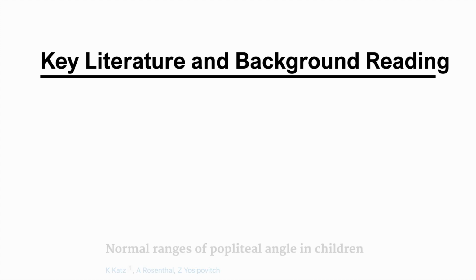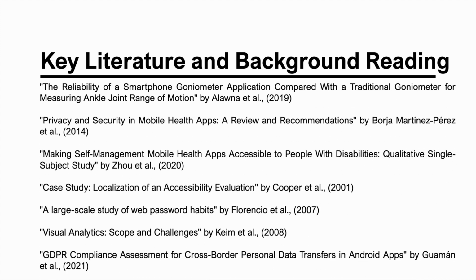I've also found some key papers that go over the objectives that I mentioned, which were accessibility and localization, secure authentication, data analytics, and GDPR compliance, which is what these papers explain.